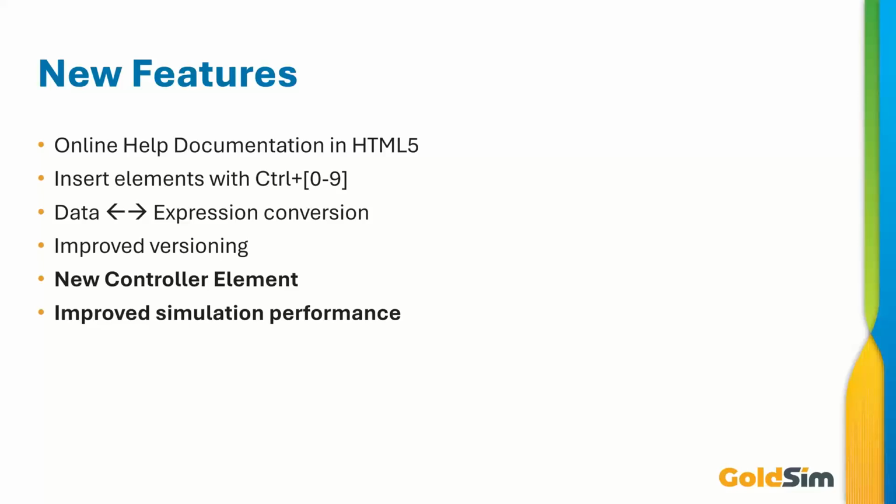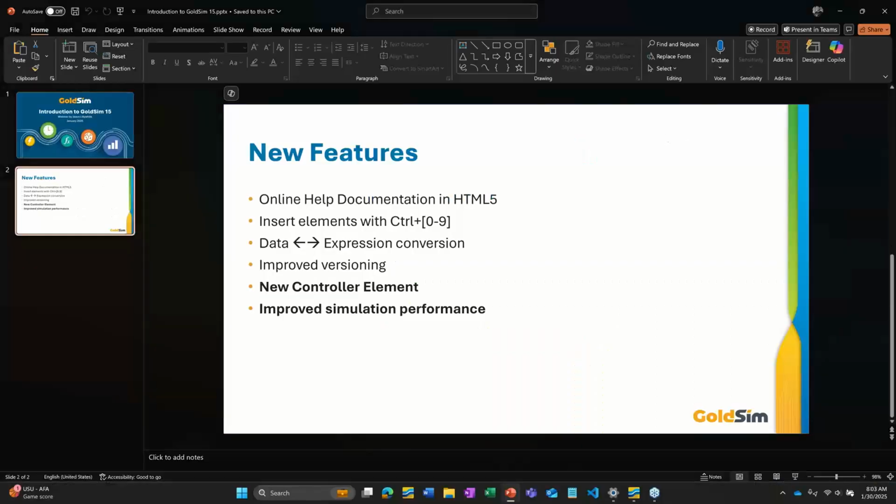All you need is something that you're trying to control, which is usually a state variable. If you have that, then you could really use it to control a lot of different kinds of things. I'll walk through some examples there, and then I'll end with demonstrating how the simulation performance has increased in GoldSim 15.